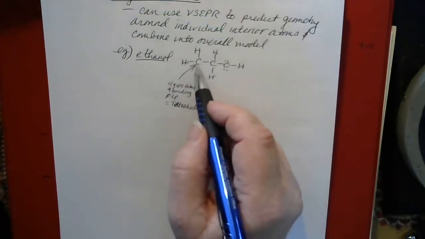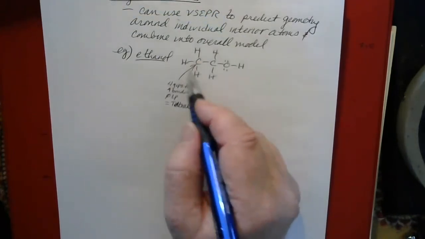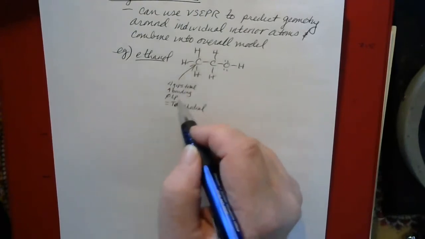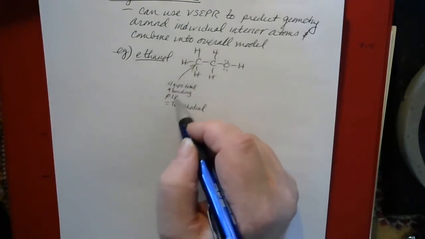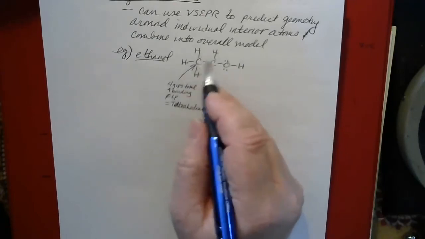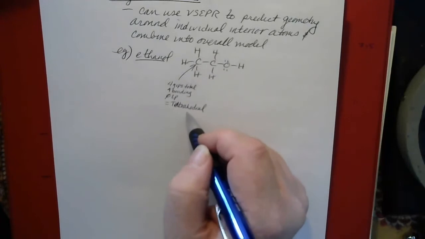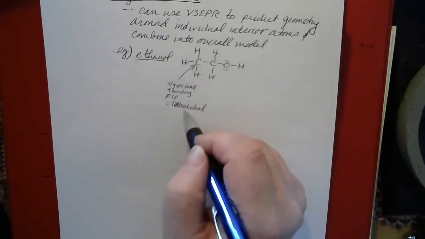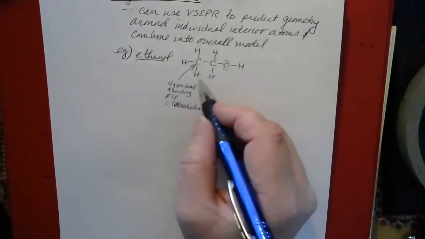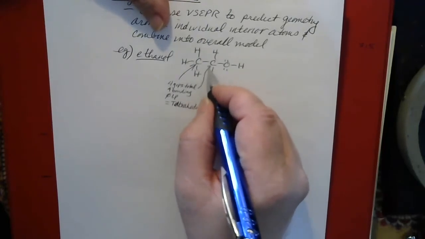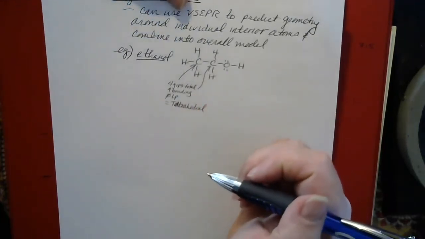Okay, so the carbon has 4 electron groups total on it. All 4 of them are bonding groups. None of them are lone pairs. And so the electron and molecular geometry for that carbon would be tetrahedral. And the same for that carbon, actually.